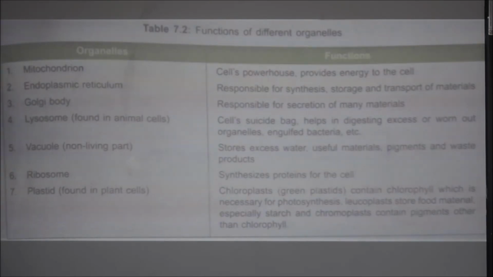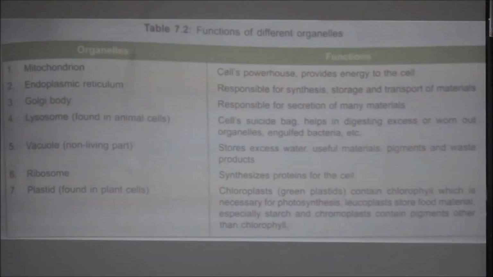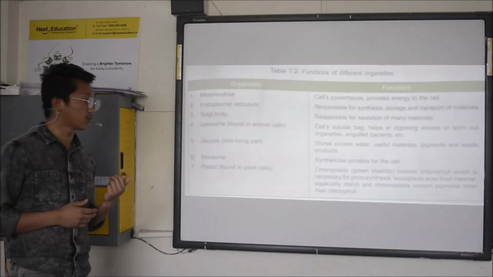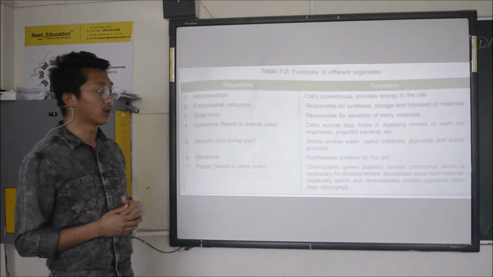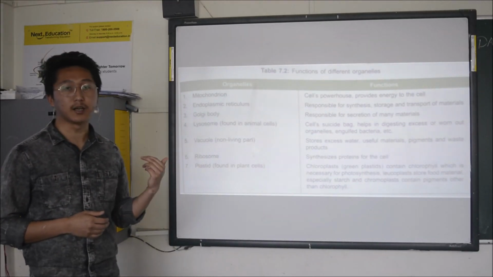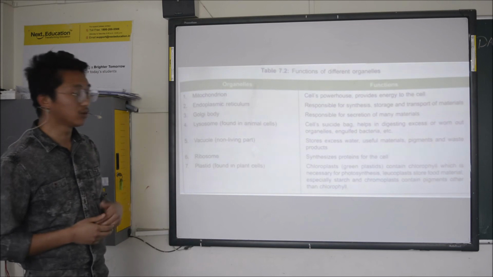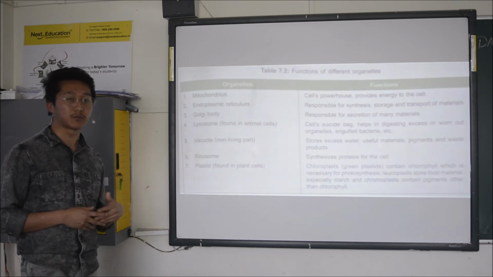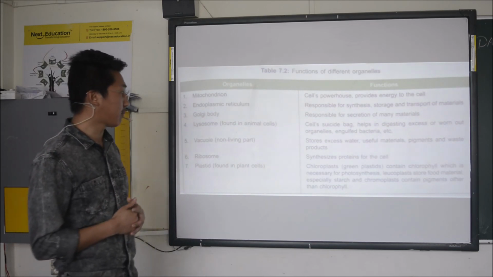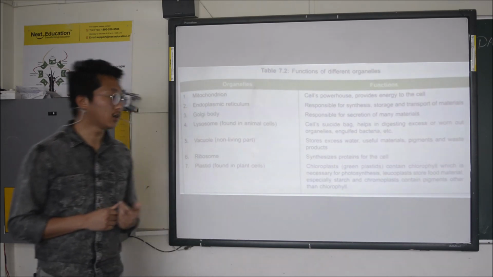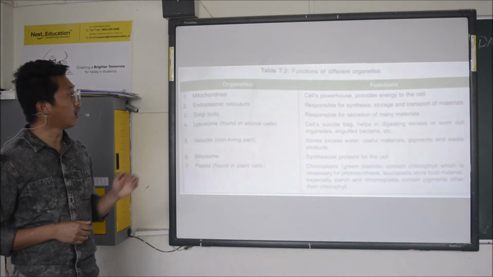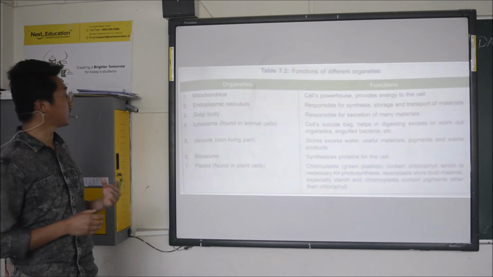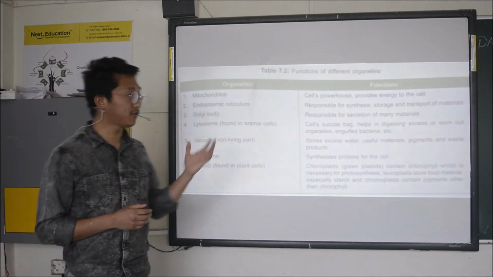Chlorophyll is a pigment that helps in the use of sunlight for the production of food in plants. It also gives green color to the plant. So these are all the different organelles present inside the cell and their functions.